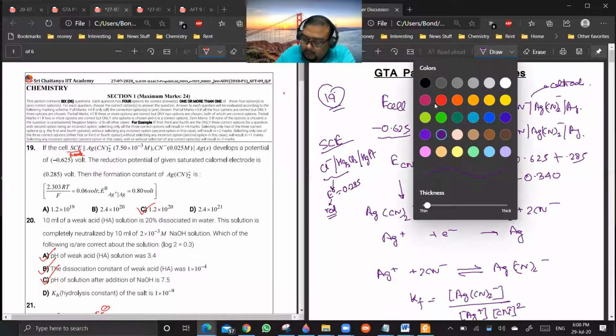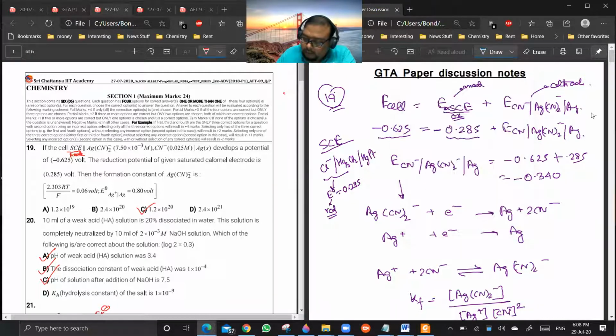And this will be the reduction potential of the whole thing, which is basically CN minus, Ag(CN)2 minus, Ag. So this is a complex electrode, because it contains a metal complex. Now you see, E of CN minus, Ag(CN)2 minus, Ag we can calculate; it will be minus 0.34 volts.